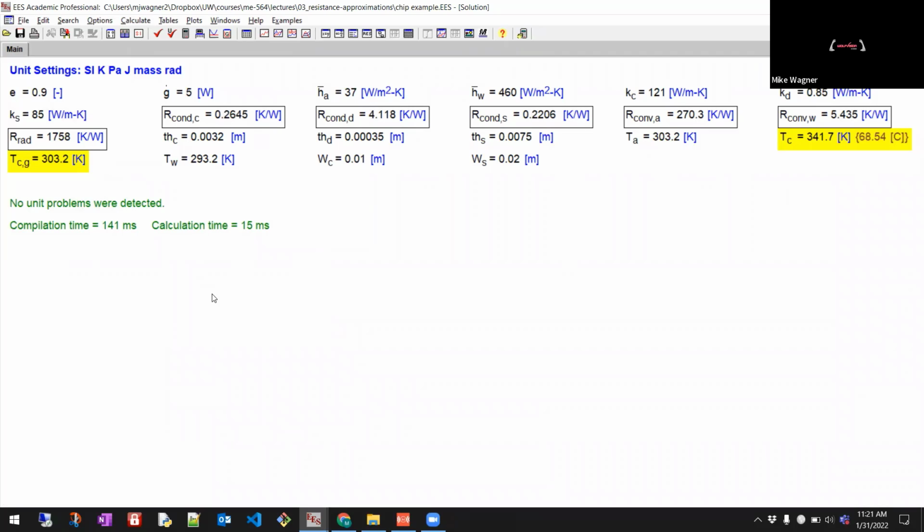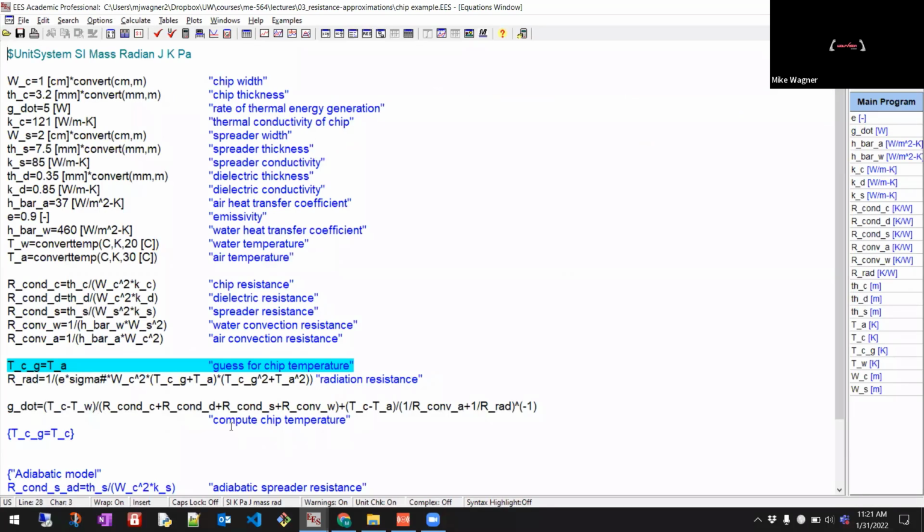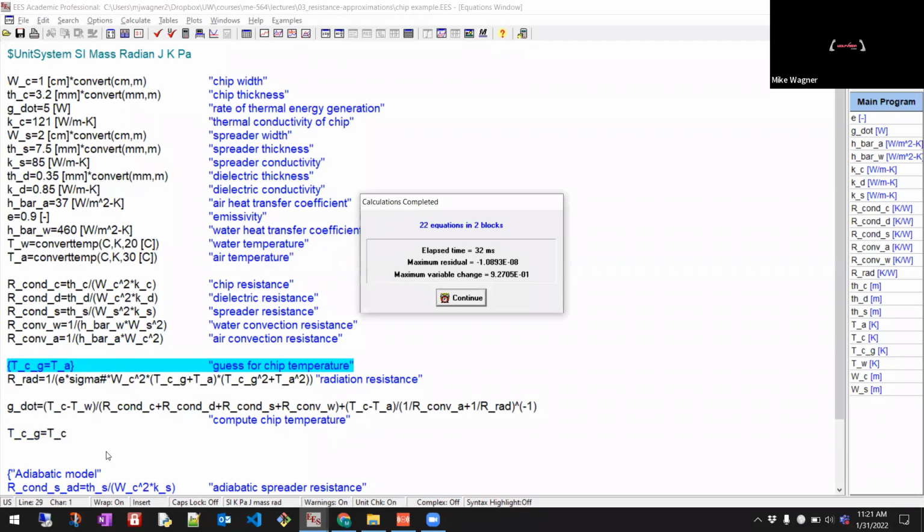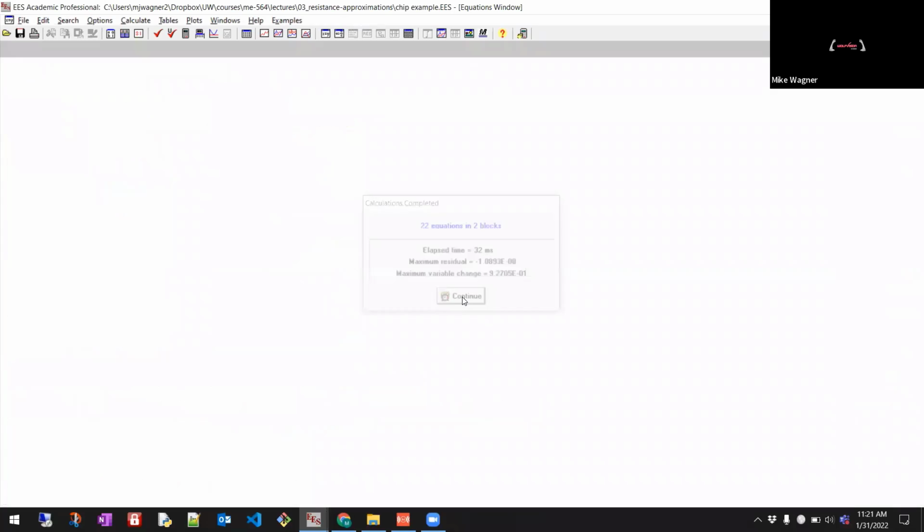So to really get the full complete answer, we just go back here, comment out our original guess, and then assign the guess value to be the actual value we solved for, and then the resistance is going to be recalculated, like in real time as we're solving this. So if I solve this, you know, it's a pretty simple problem. It might solve. Let's just try it. Okay, so it's solved. Half the time, though, you might get an error.